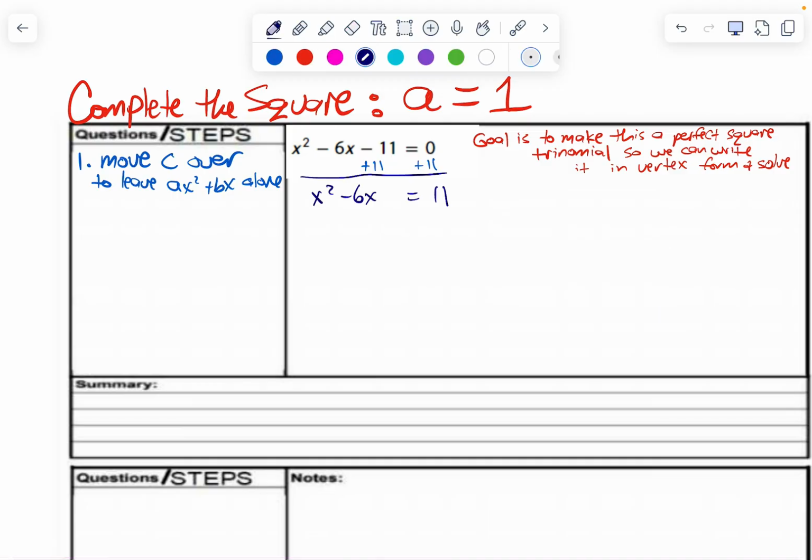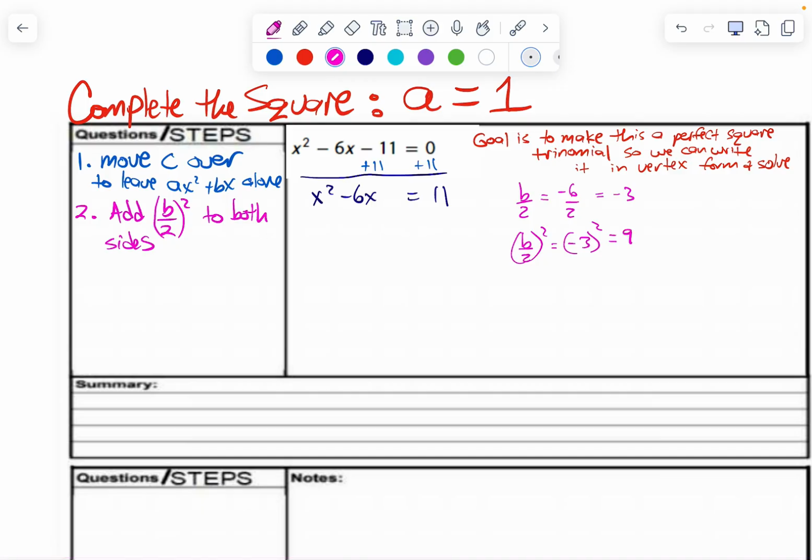Okay, so we move c over, second step. To both sides, we're going to add (b over 2) squared. So out to the side here, I'm going to write b over 2 equals negative 6 over 2, which is negative 3. (b over 2) squared is negative 3 squared, which is what? 9.